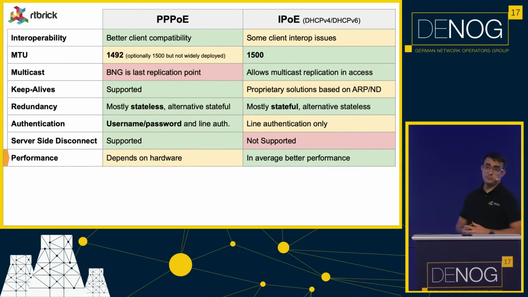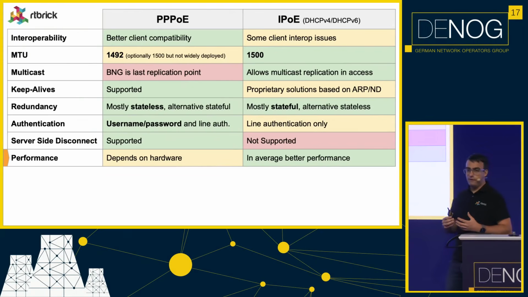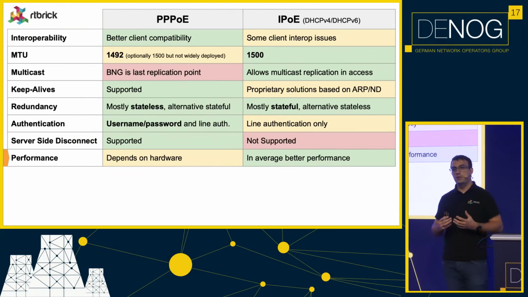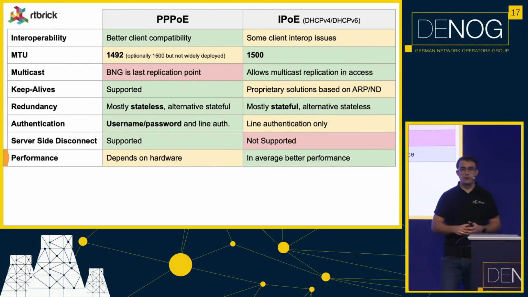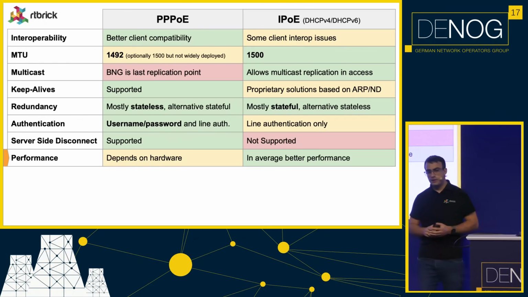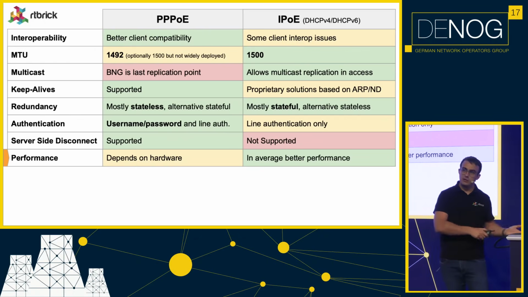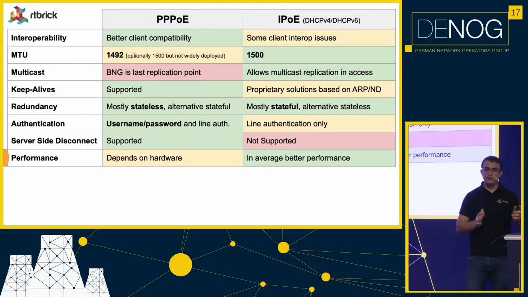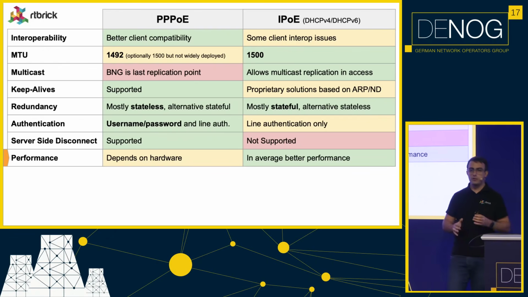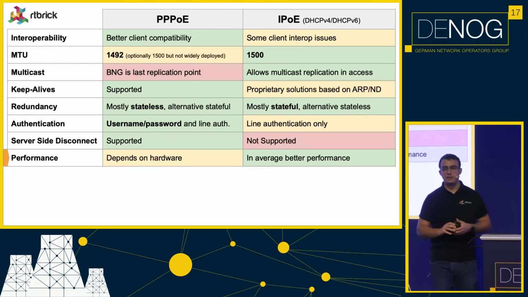And then performance. Performance is an important point here. If you have a physical, ASIC-based BNG, the very traditional ones from the big vendors, then it does not matter whether you do PPPoE or IPoE. They all have ASICs implementing these protocols at line rate. There's no issue here.